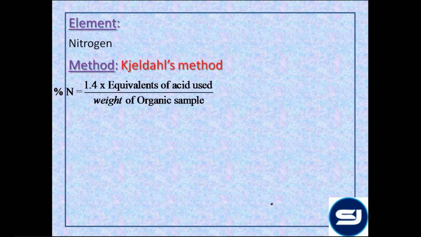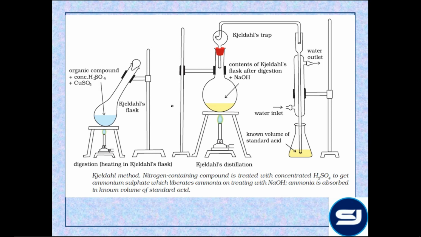Now coming to the next method of estimation of nitrogen, that is Kjeldahl method. In Kjeldahl method, firstly we have a round bottom flask with a long neck, which is called the Kjeldahl flask, and in this flask we take organic compound, concentrated sulfuric acid and cupric sulfate.